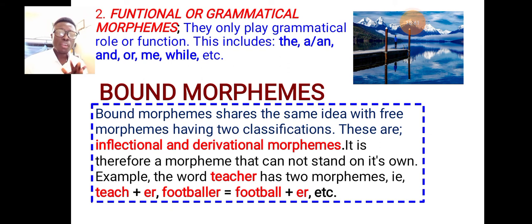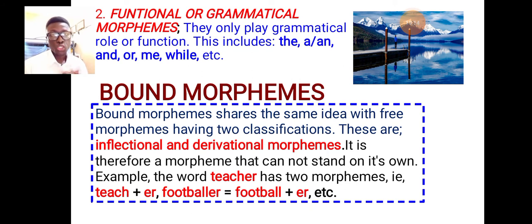So, an example is the word teacher. Teacher is a noun. But when we take the ER from teacher, we are saying that it has now changed to become a verb.